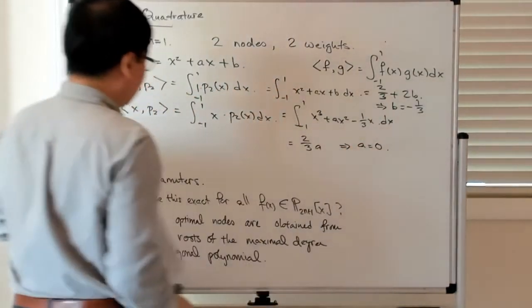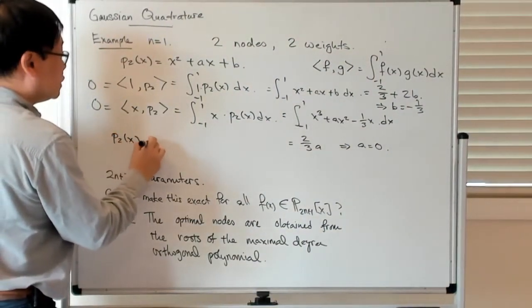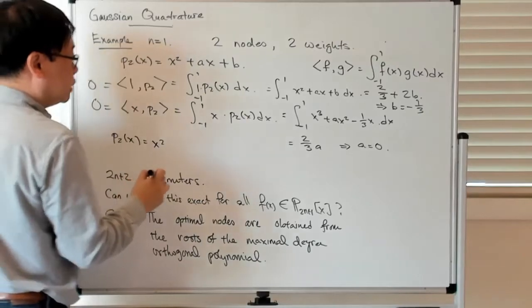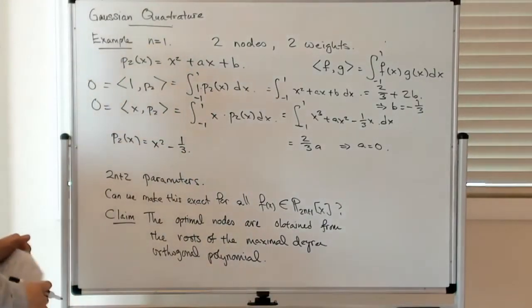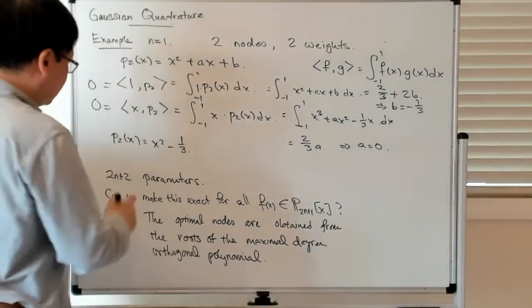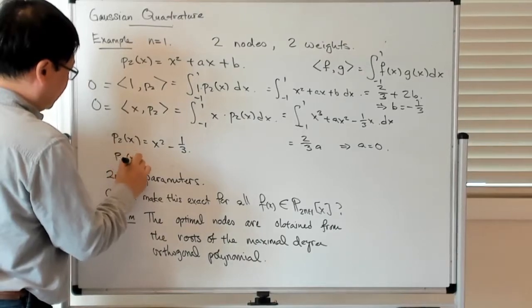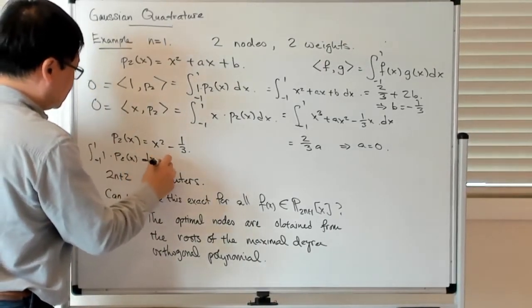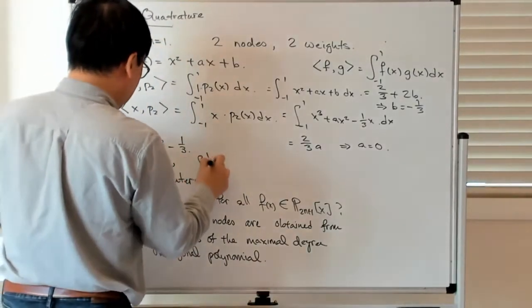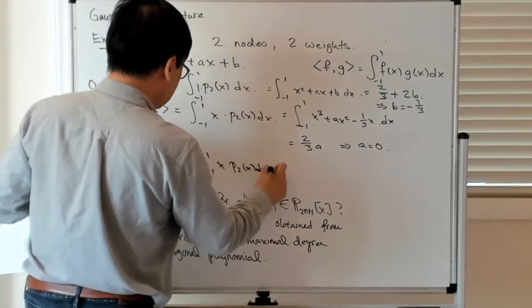So the relevant orthogonal polynomial which we have is p2 of x equal to x squared minus 1/3. This has the property that the integral of p2 of x times 1 from minus 1 to 1 is equal to 0, and the integral from minus 1 to 1 of x times p2 of x dx is equal to 0.